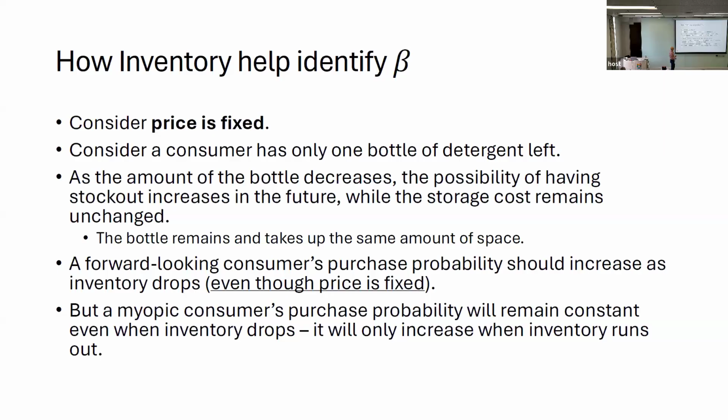What you will see is that for someone who's forward-looking, their purchase probability should increase as inventory drops, even though price is fixed. But for myopic consumers, your choice probability will remain flat. Not until you actually run out of inventory, then your purchase probability may jump.